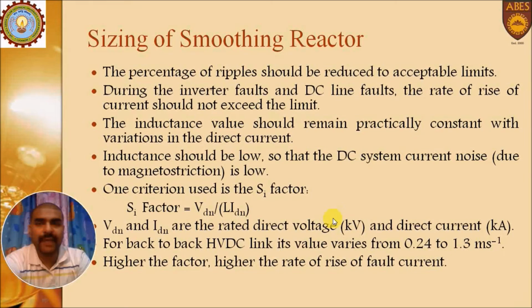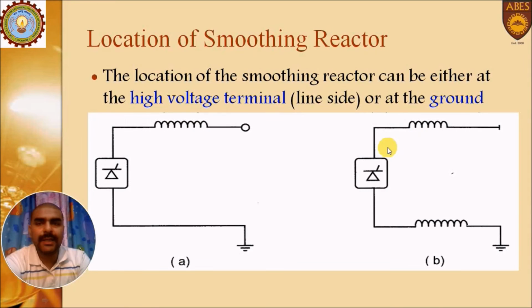Now the next important point is about the location of the smoothing reactor, meaning at which location in the converter station the smoothing reactor should be connected. It can be connected at the high voltage terminal, like this, or it can be connected at the ground side like this figure.